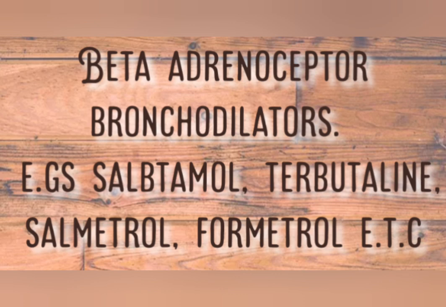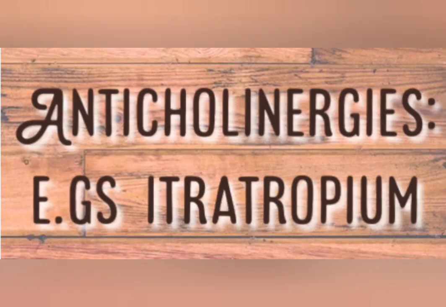A possible side effect, when used in higher doses, is tachycardia because of cardiovascular stimulation by beta 2 receptors, because there are beta receptors not only in the lungs but also in the heart. We also have inhaled anticholinergic agents.